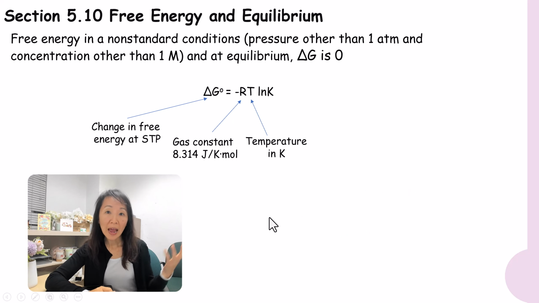And so at equilibrium, we can utilize the same equation but manipulate it by making delta G equal 0, because the free energy is 0 in non-standard condition when it's at equilibrium.